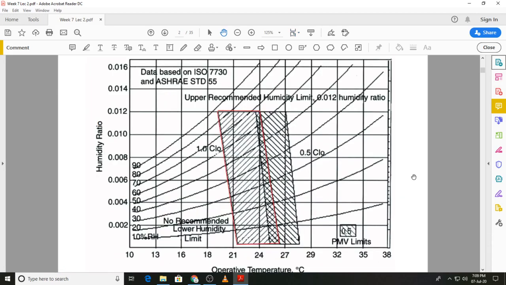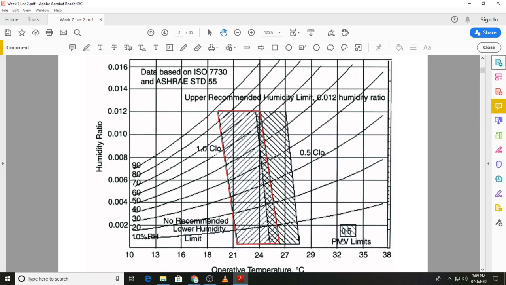Now we can look at the ASHRAE Standard 55, which is, as I said, a modified psychrometric chart. You can see the humidity ratio on the vertical axis on the left hand side. Instead of the dry bulb temperature, what you have is an operative temperature, and I'll come to the definition of operative temperature shortly.